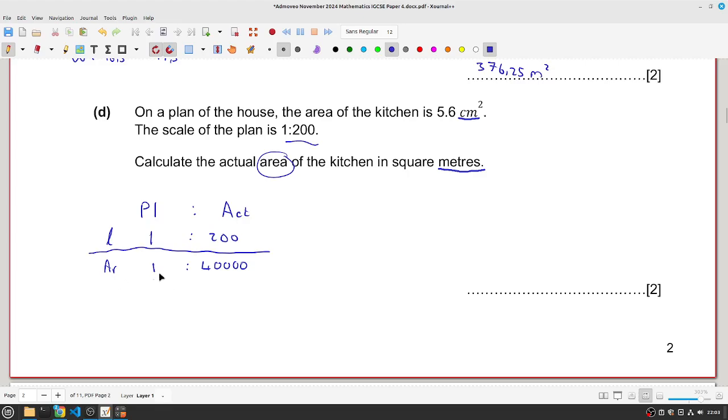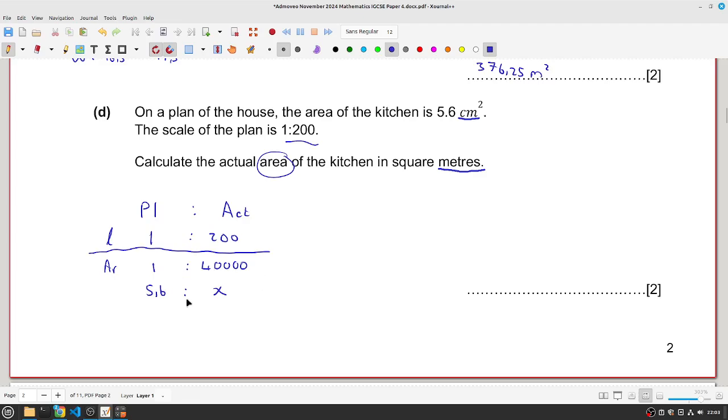And now we need to find the actual values. So we know on the plan, the area was 5.6 centimeters. So you can convert this to meters straight away, or leave it in centimeters. I'll leave it in centimeters for now. And then we have to find out what the actual area is. So 5.6 to x, and the scale is 1 to 40,000.